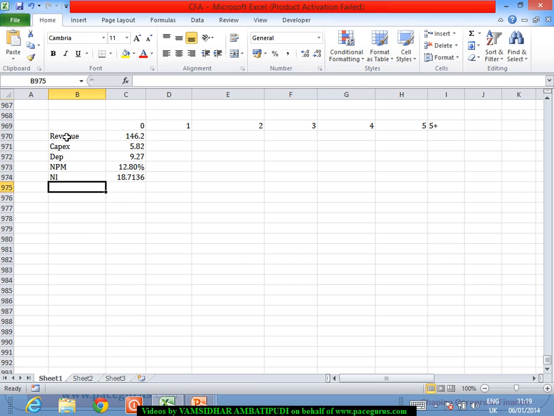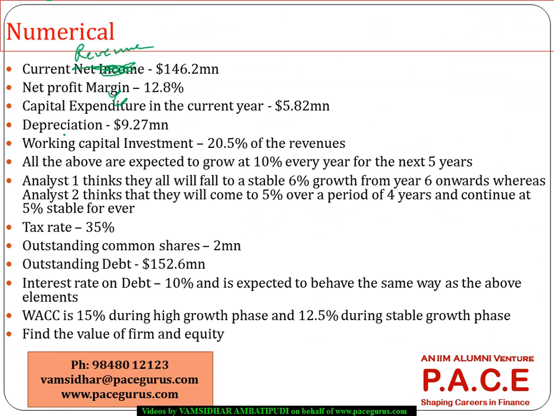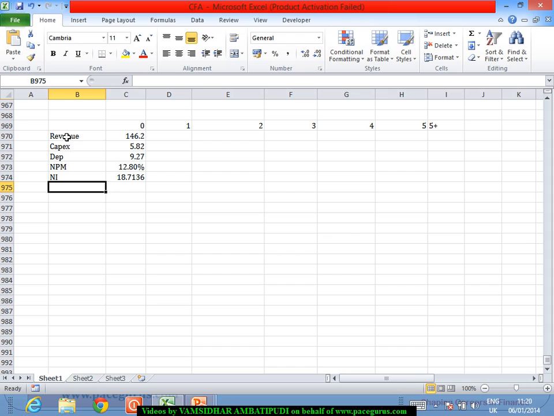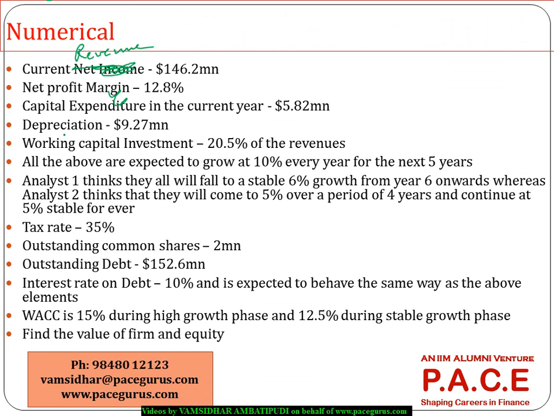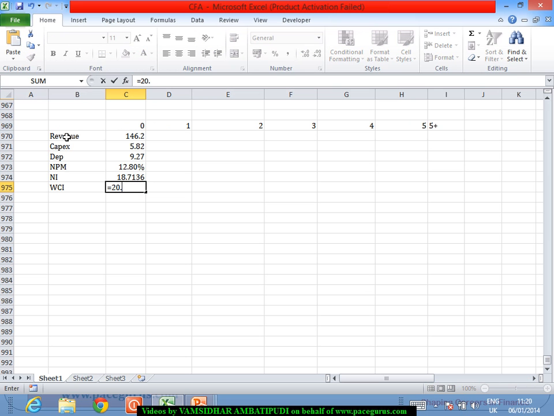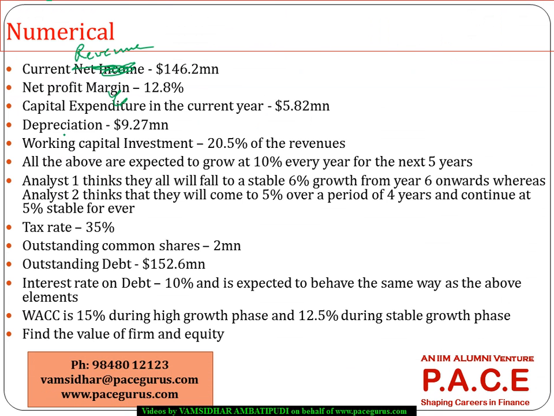So almost this is working out to be my net income. Then working capital investment for the period is 20.5% of the revenues. So the working capital investment for this period is coming to be this much.